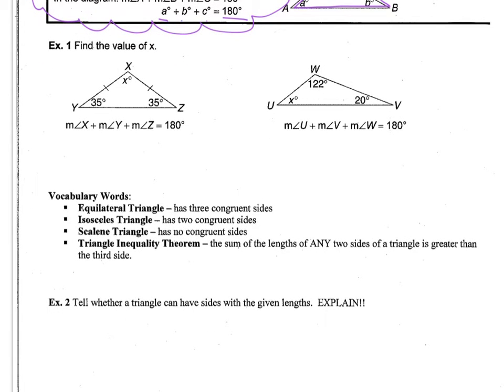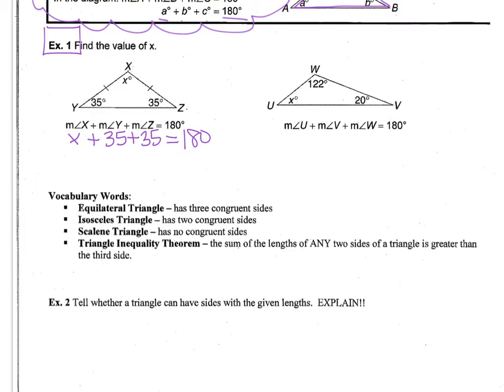So looking at example 1, I have angle X, angle Y, and angle Z. If I add them all up, it equals 180. So X plus the measurement of angle Y, which is 35, plus the measurement of angle Z, which is 35, equals 180.